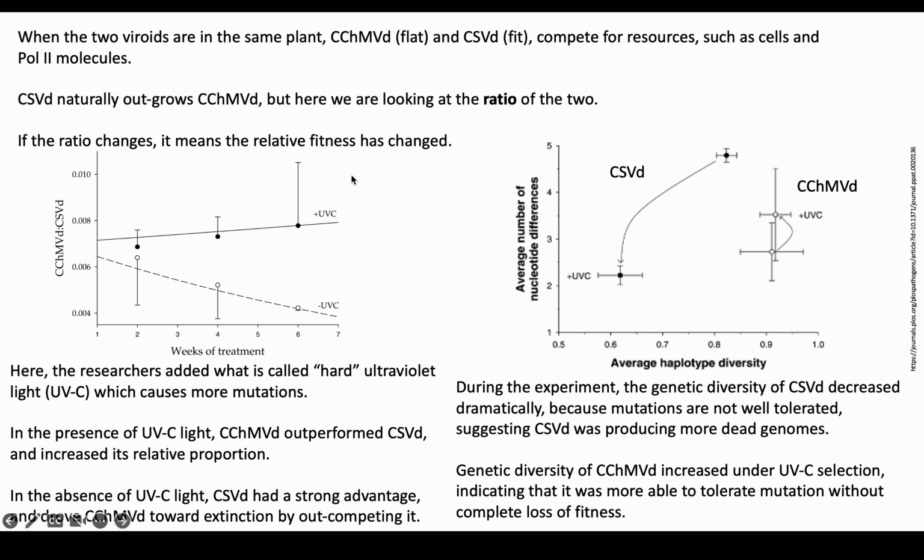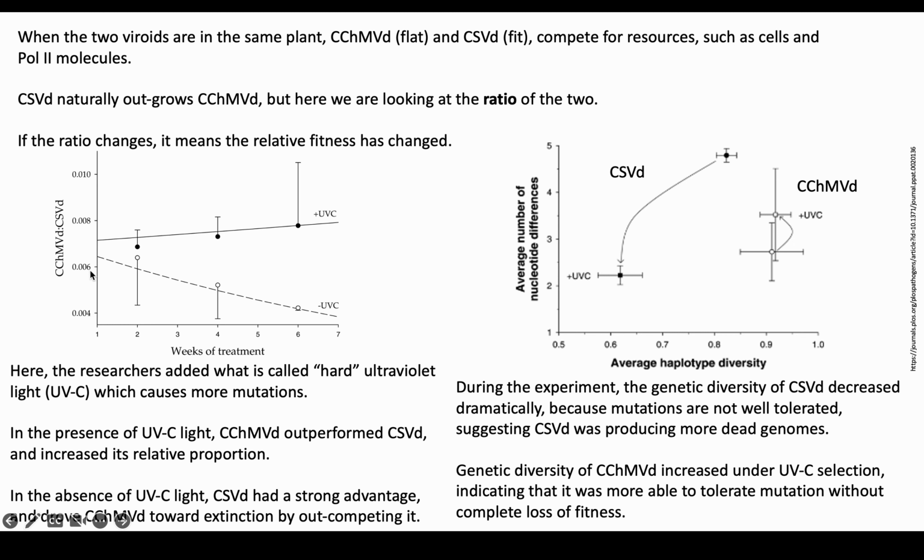And so they exposed the plants with these viroids to a lot of UVC or to no UVC. They used different light bulbs for growth of the plant with the viroid inside it. And the idea was that this UV is going to cause mutations in the viroid because it'll modify the chemical structure of the viroid. That's what UV does.